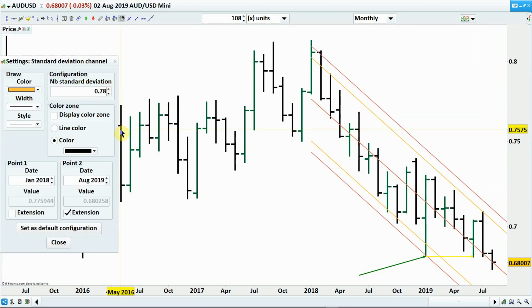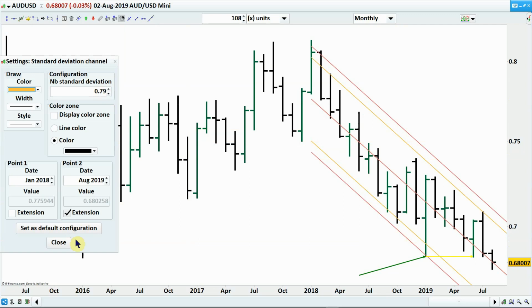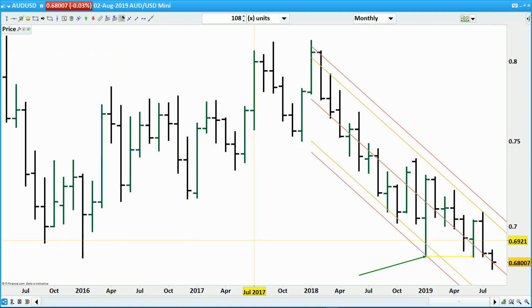Actually it does not take the third decimal, it rounds it up to 0.79. So in 0.79 we saw it was very close.